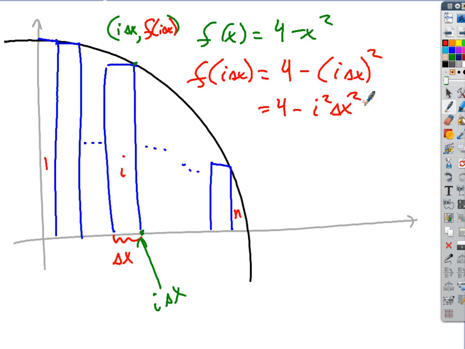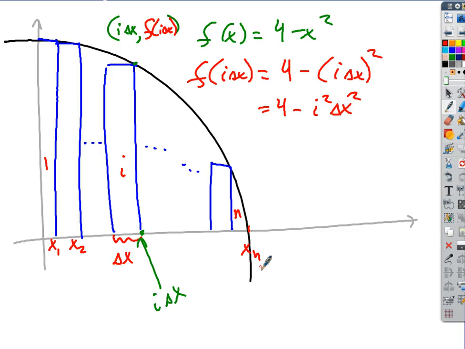So if I wanted to, here's what I could say. If this is x sub 0, which is just 0, I could call that x sub 1, that x sub 2, that x sub 3, all the way up to x sub n, whatever the number of rectangles I'm choosing is, right? Then delta x is just going to be the width of this whole interval divided by the number of rectangles.